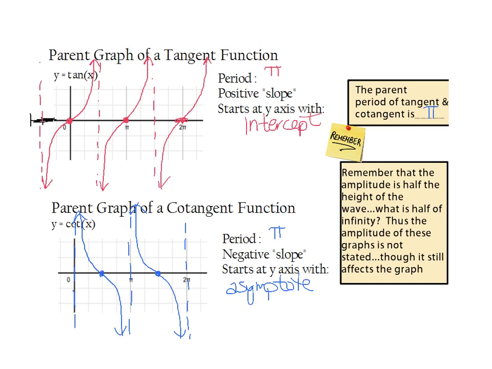And you can't find that distance, first of all, so you sure can't find half of it. Therefore, officially, there is no amplitude for tangent and cotangent. Now, of course, if there was an a value, it would still affect the graph, it'd be a vertical stretch, but we still wouldn't name it the amplitude.